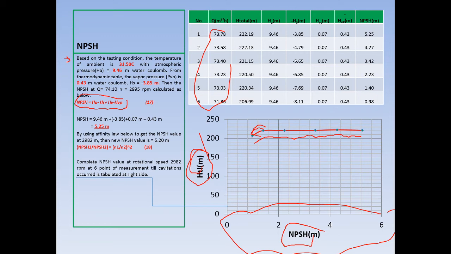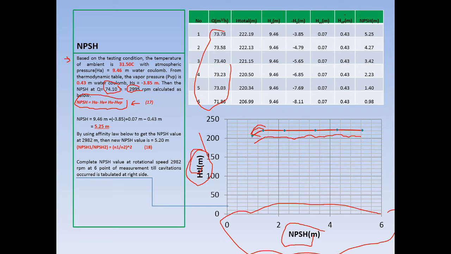At the time, the suction head is minus 3.65. Then the NPSH, net pressure suction head, for one data example is 74.10 at this RPM, and follows this formula.